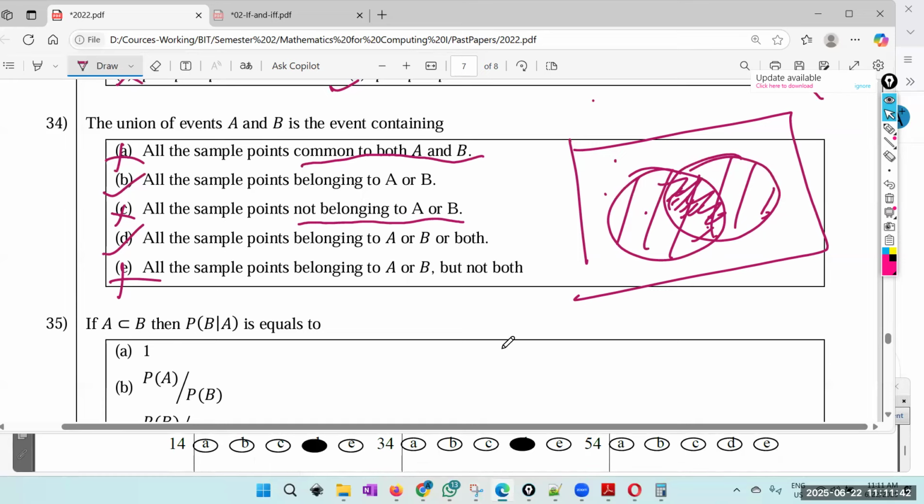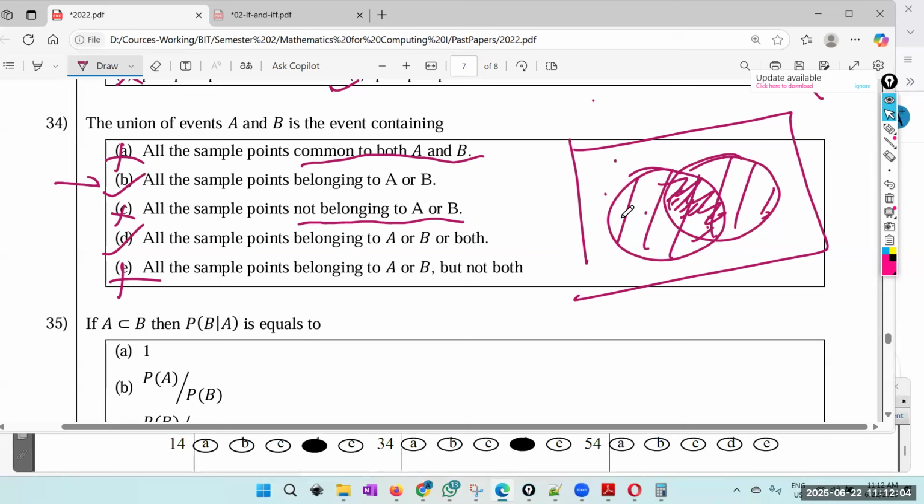Or B is not taken. Why is that? All the sample points, maybe because this is duplicated there. Because they don't say that it is a set. If it is a set, correct. Because a set doesn't have duplicates. Maybe the examiner is looking for a very precise answer.